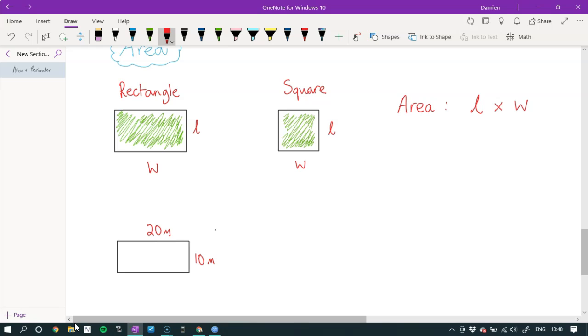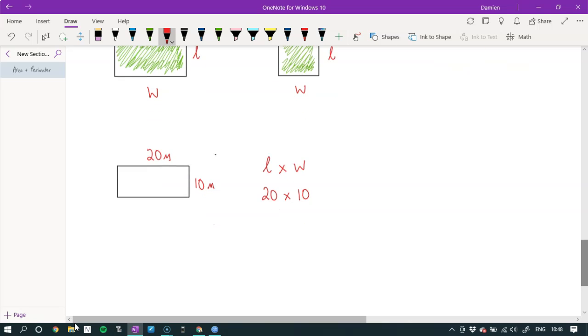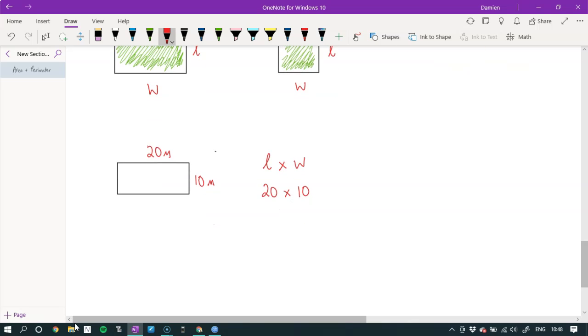And we want to figure out how much grass seed we need to cover the whole inside. Well, then all you've got to do is length multiplied by width, one side multiplied by the other. So it's going to be 20 multiplied by 10. You're not adding, remember, you're multiplying. So length by width, 20 multiplied by 10, and that should be easy enough, gives you 200.